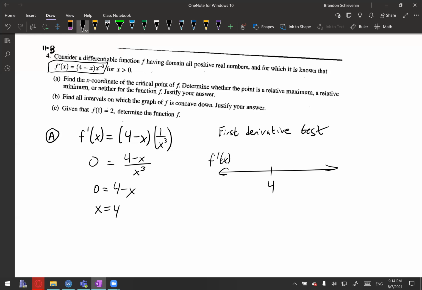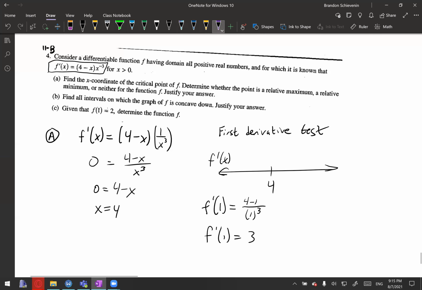I can't do 0 because our function only exists when we're greater than 0. 1. Okay. So we want to find f prime at 1. So what happens when I plug in 1? 3. Perfect. So this is 4 minus 1 over 1 cubed, or f prime at 1 is 3.